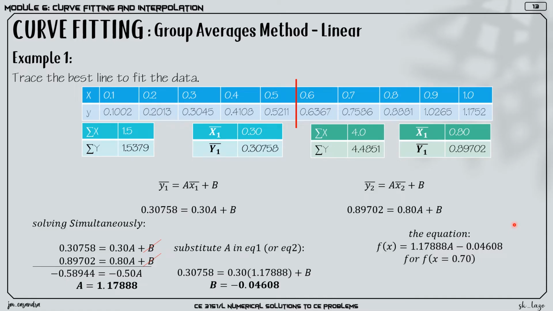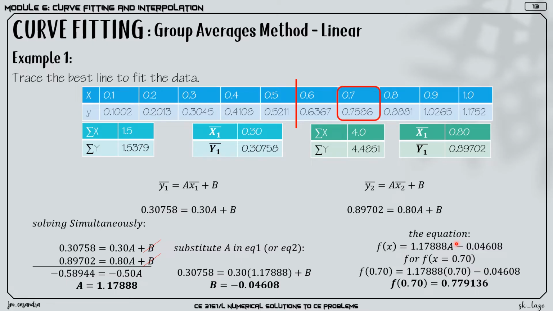So to check now for the function of x, which is equal to 0.70, so just substituting now 0.7 to x, we now arrive at f of 0.70 will be equal to 0.779136.